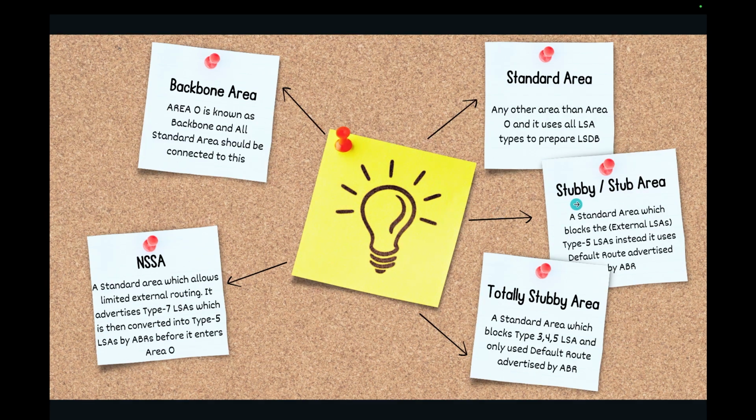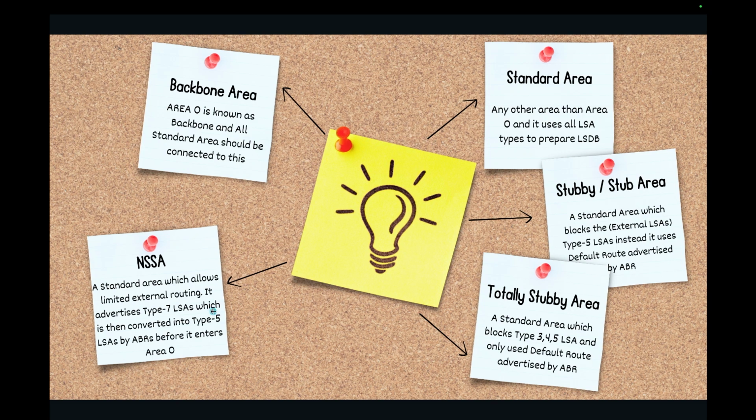The main difference between stub area and NSSA is that a stub area blocks type 5 LSAs, whereas NSSA allows a very limited type of external routes, and it uses type 7. Type 7 means the router is in some other autonomous system. Let's say we are a service provider, and we have customer A and customer B. Both of those customers we can consider as different autonomous systems.